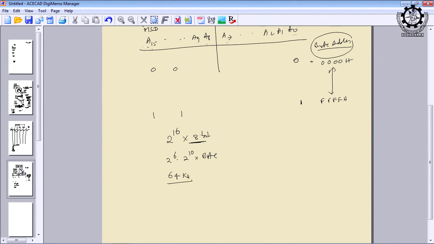So 64 kilobytes is the total space available for the microprocessor 8085. That means the total memory capacity of a microcomputer depends upon the number of address lines it supports.